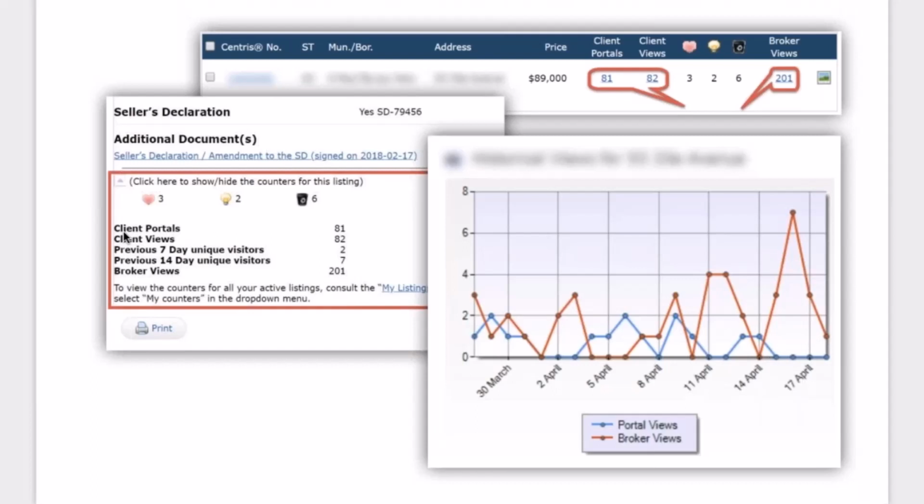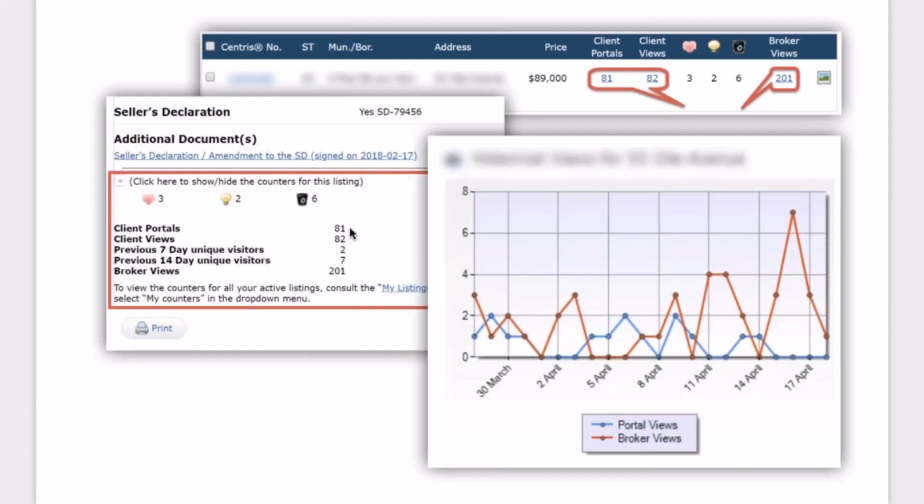Okay, so the brokers representing the buyers who are looking for a 3-bedroom home in Laval, for example. They have been sent your listing, and this is your targeted clientele's activity.